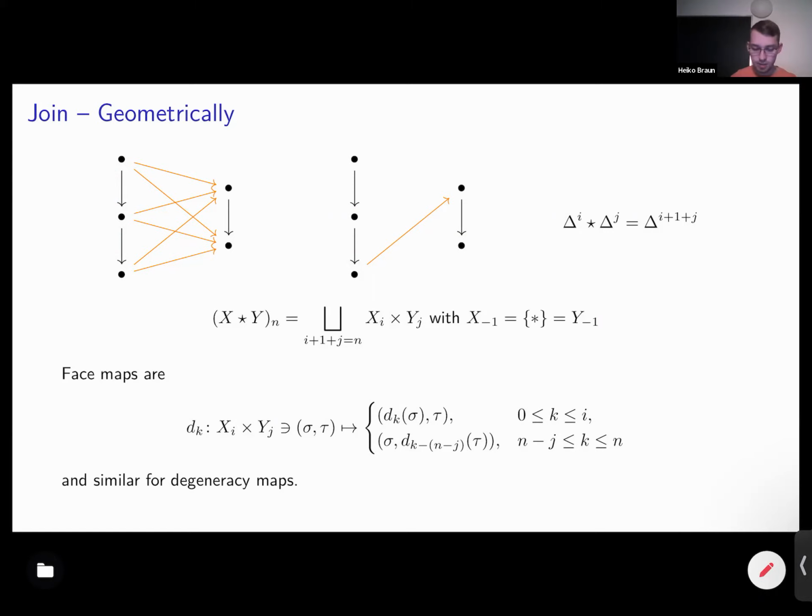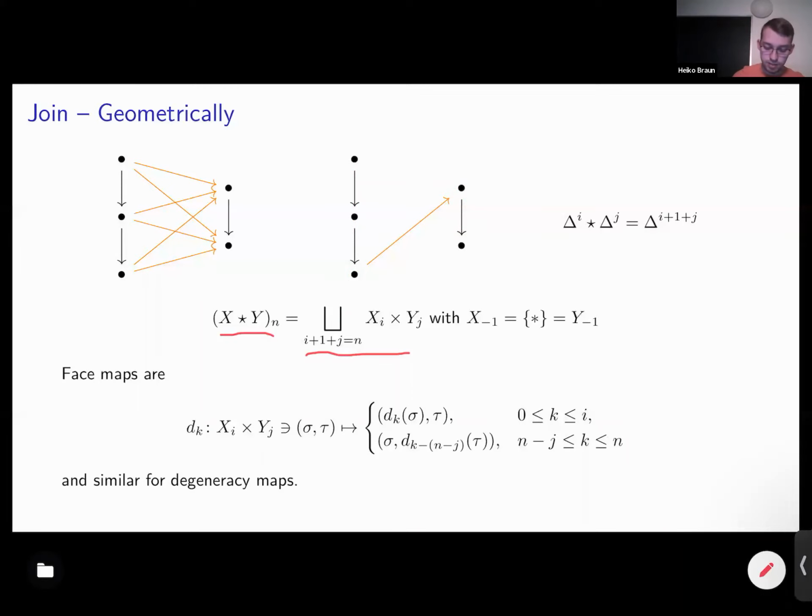But then you notice that instead of adding all the edges, it suffices to add just one edge, namely this one, which goes from the last vertex of the standard simplex to the first vertex of the second standard simplex. And all the other ones appear as compositions of anything here and there and this particular edge. And you can also see then the formula, how the n simplices of this join look like. And this will actually be this.